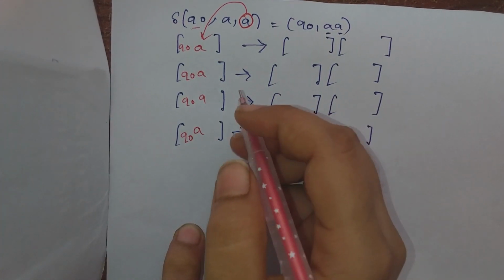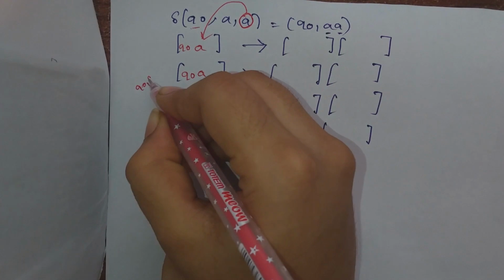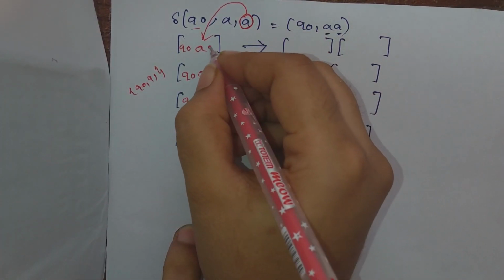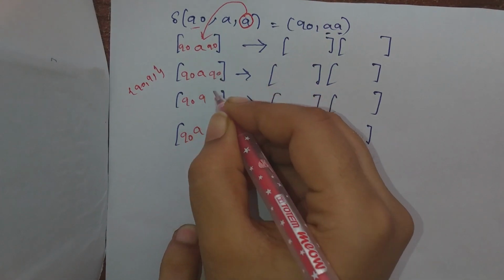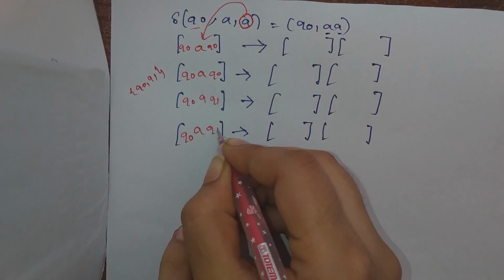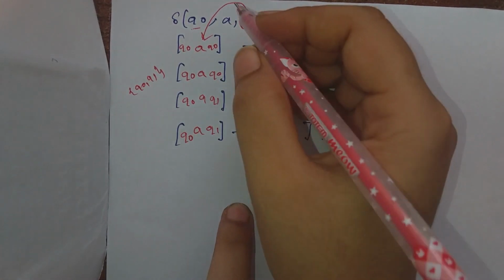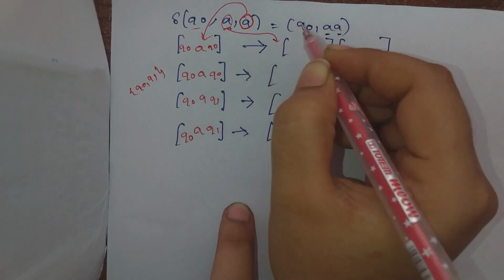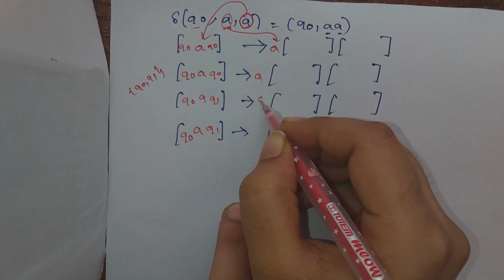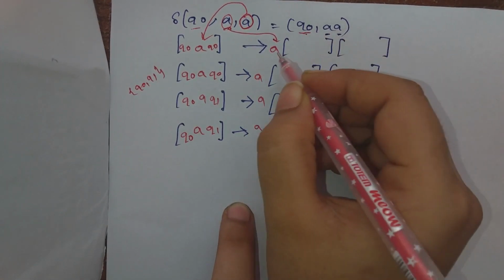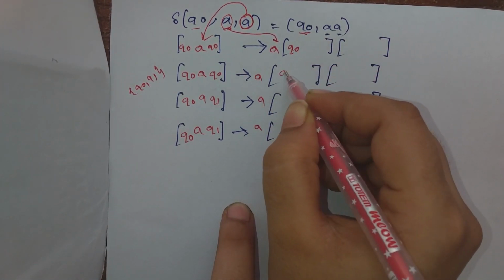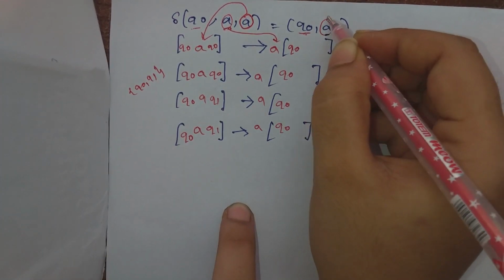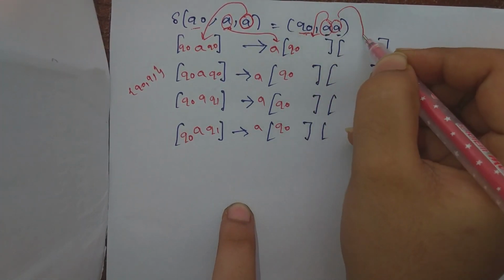We need to consider Q naught for the first 2 instances, as we have Q naught and Q1, and then the middle A comes in front of the productions. And here we have Q naught, so Q naught comes to the next 2, and then the first A comes in between, and then the next A comes in and the state in between.